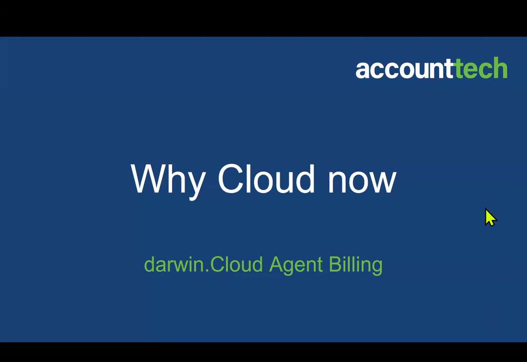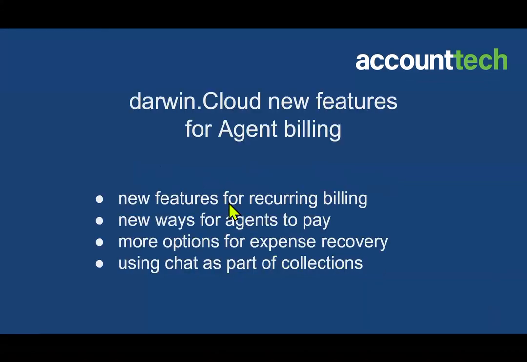So for starters, we're going to look at new features that you can use for setting up the recurring billing for agents in terms of things they have to pay on a repetitive basis. We're going to make sure that everybody's clear on all the newest ways you can get agents to pay.